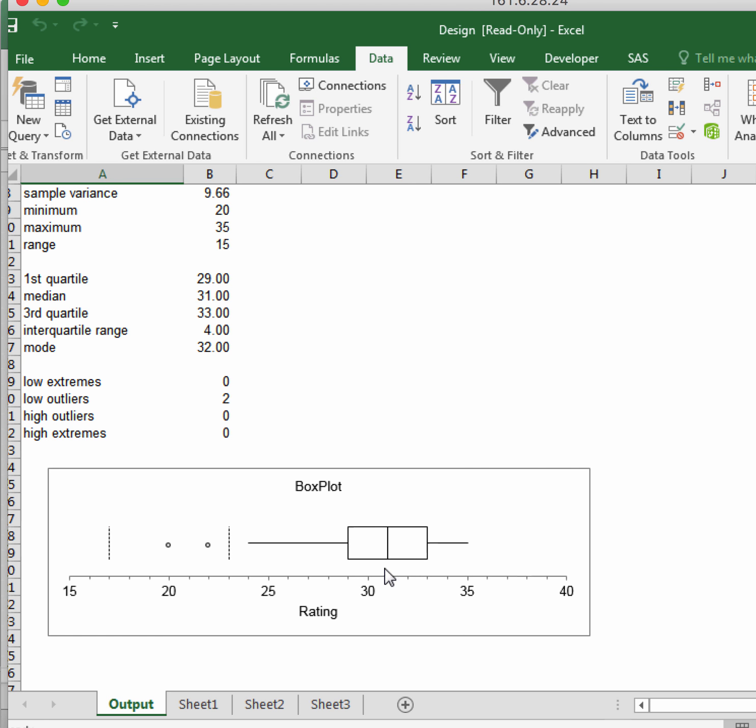And evidently, we have the first quartile, the third quartile, and the median. We have the outliers as well being mentioned over here, and that's a very good way to describe your data.